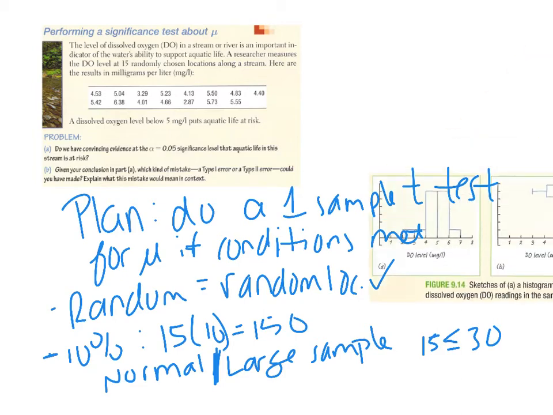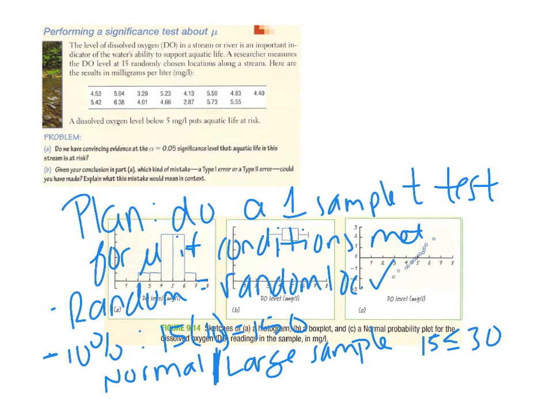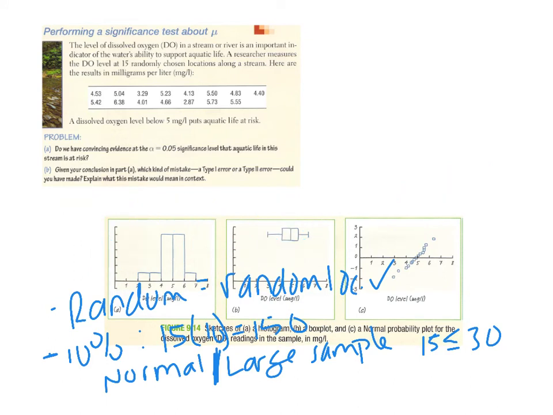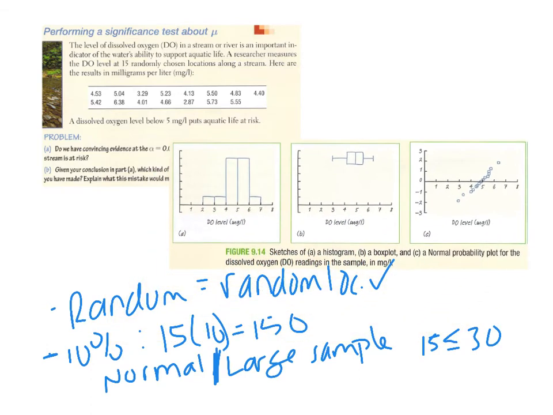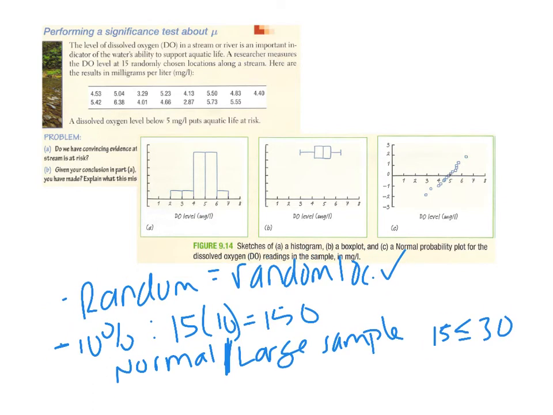When I check my graphs and I look at these, I don't see any strong skew anywhere. I don't see any outliers, so I can go ahead and assume normal.